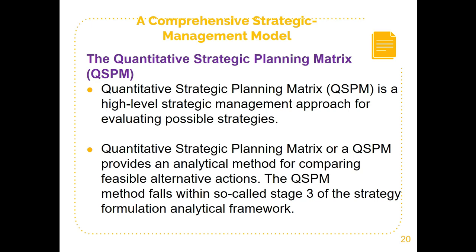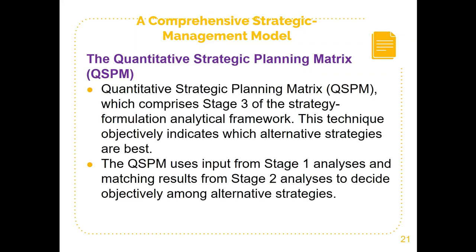Remember, we have your stage 1, stage 2, and this is the final stage. So the quantitative strategic planning matrix comprises stage 3 of the strategy formulation analytical framework. Basically, the objective is to indicate which alternative strategies are best.